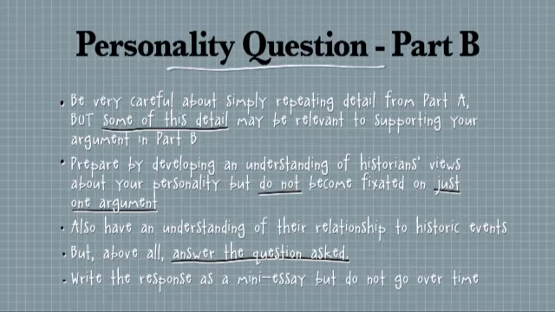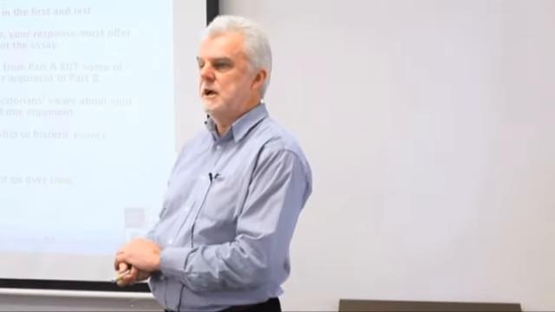Prepare for this question by developing an understanding of historians' views about your personality. Most of the personalities have been deliberately chosen so that there is some controversy about them. But also with this, be very careful about becoming fixated. So for example, the most popular personality is Albert Speer, one of the German topic personalities. And a big question here is, was he a real Nazi, or did he just get caught up in it?